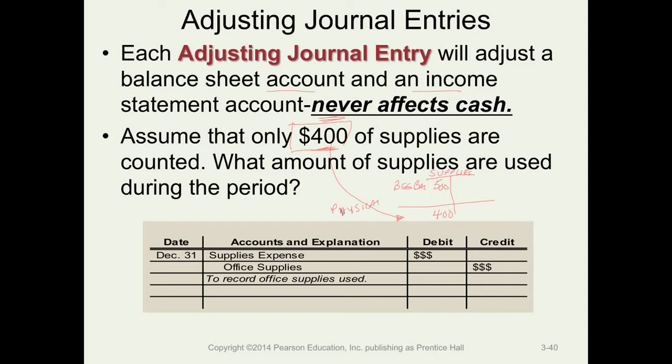So you take a physical count at the end of the year. So the ending balance has to be $400. Therefore, supplies were used. And that's an expense. That has to be expensed.